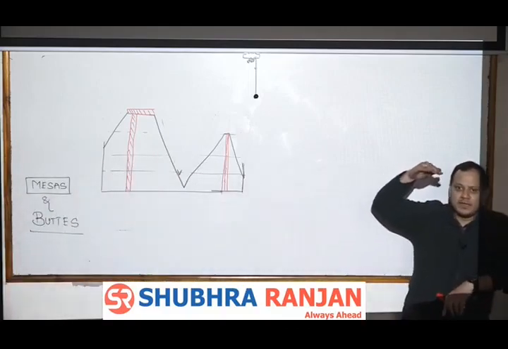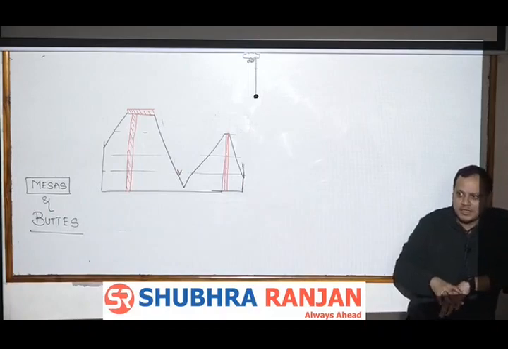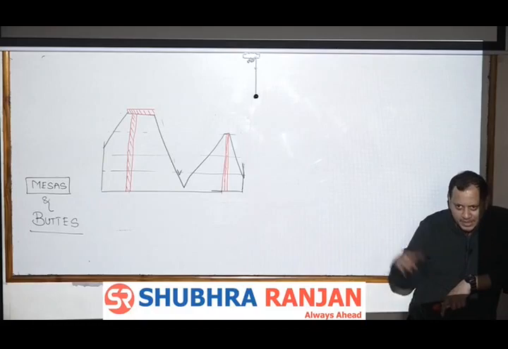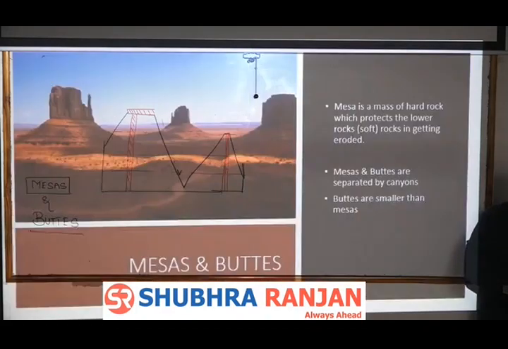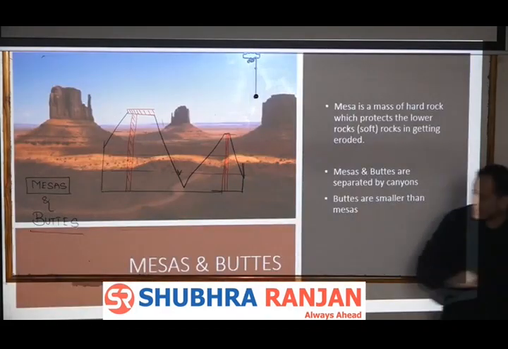Mesas is a covering of hard rock, generally basalt or granite, which protects the lower soft rock from getting eroded. They are flat and therefore they are known as tabletop mountains. You have seen this mesa and buttes. Getting this?